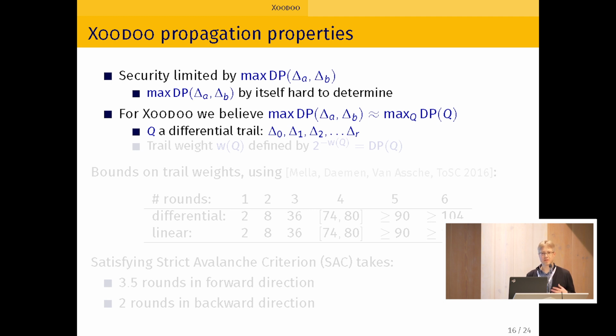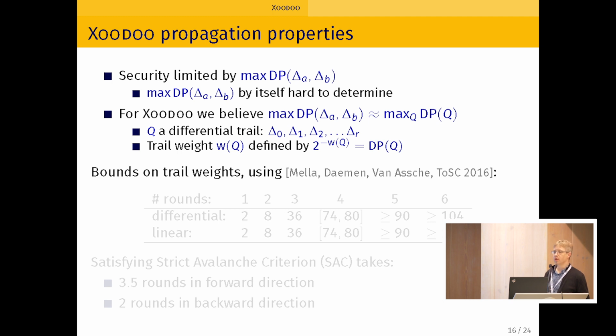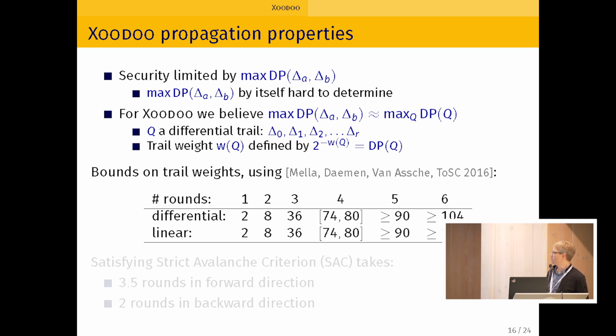And similarly to the design of Keccak, we have something called weak alignment, and that makes this approximation plausible at least. So instead of talking about differential probabilities, we talk about weights, which is the negative logarithm of the differential probability.